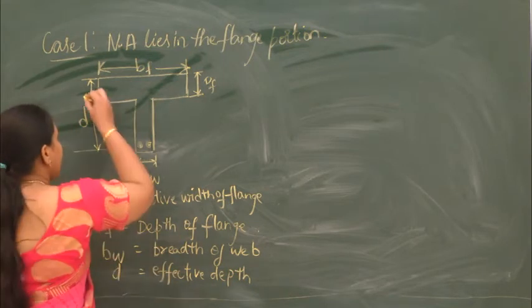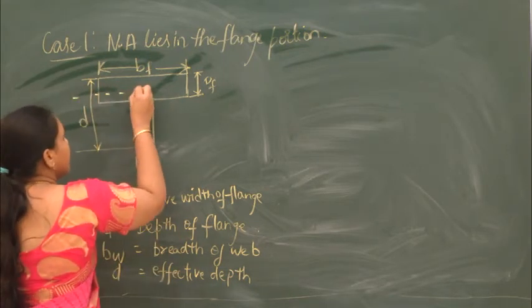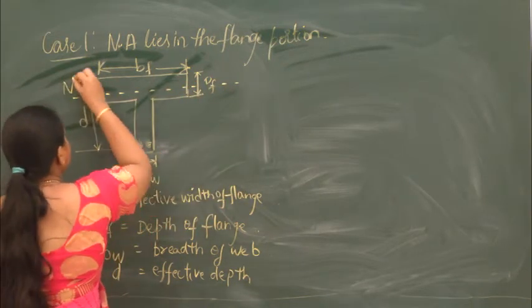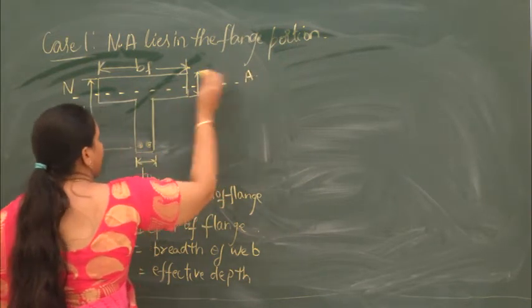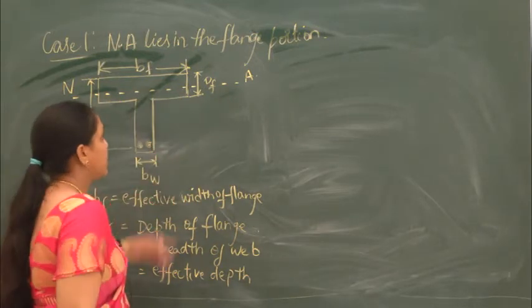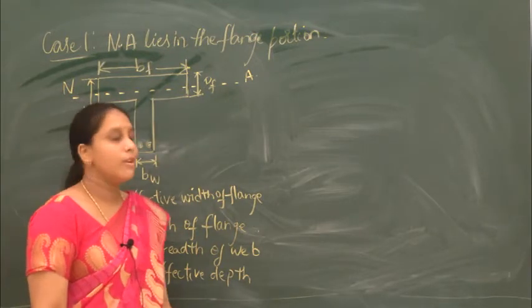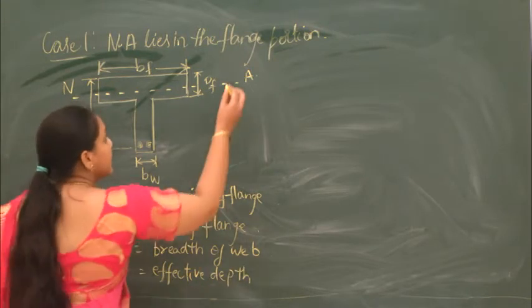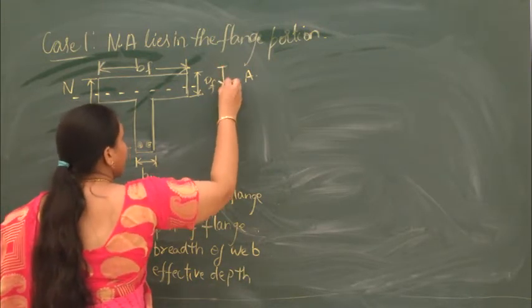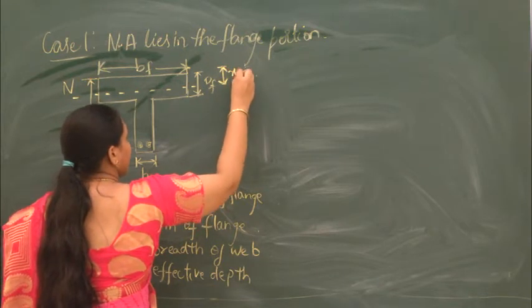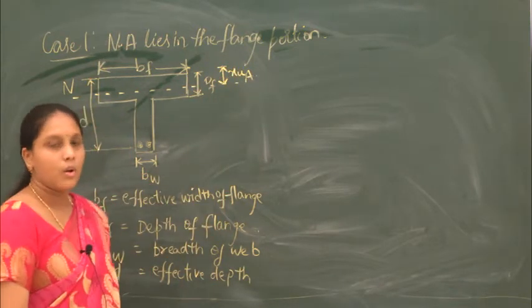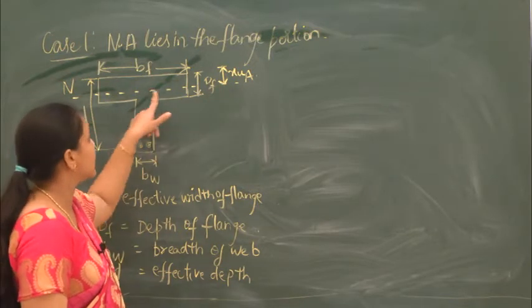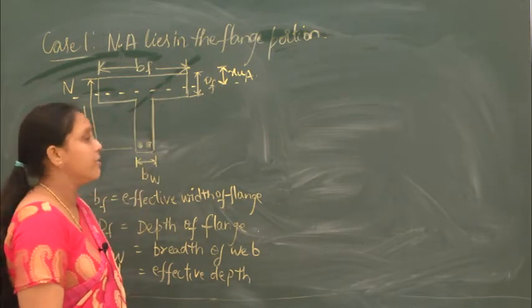Let us suppose the neutral axis is lying in the flange portion here. So what will be the distance from the topmost compression fiber to the neutral axis? It will be XU. So XU is the neutral axis depth, and the neutral axis is lying in the flange portion.